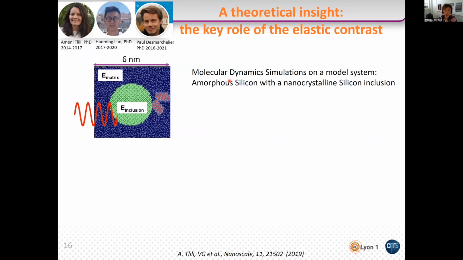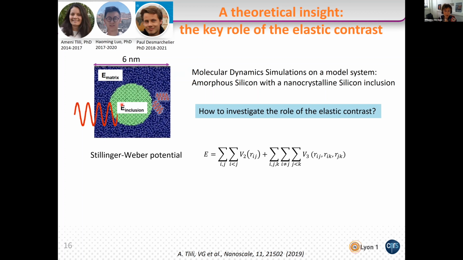This is a molecular dynamics simulation study on amorphous silicon with crystalline nano-inclusions inside. In order to change the elastic contrast, what we have done is to change the interatomic potential within the inclusion. We have used the Stillinger-Weber potential, which is made of a two-body part and a three-body part.